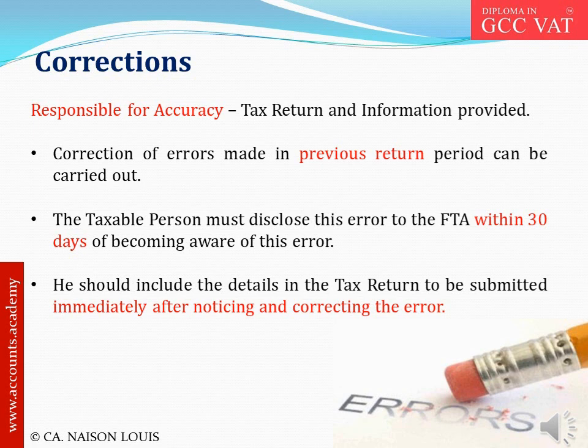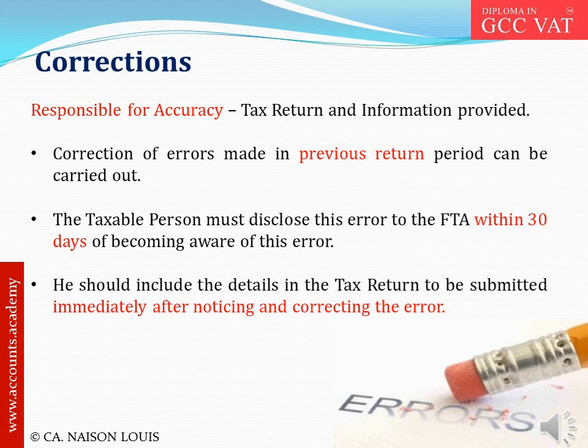So, the first point is the taxable person is responsible for accuracy, and secondly, whenever any error is noticed, the same should be disclosed to the tax authority within 30 days. And he should include the details in the tax return to be submitted immediately after noticing and correcting the error.